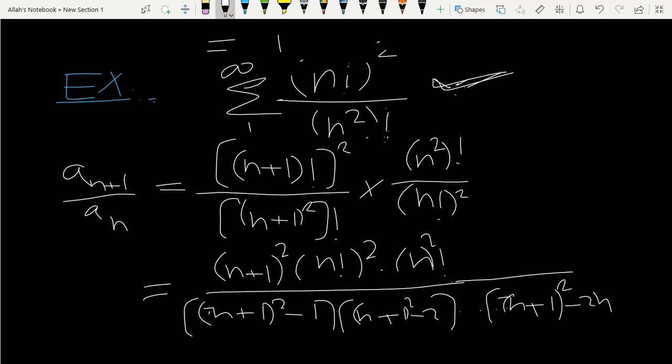Okay, and (n squared) factorial, this one is (n squared) factorial.